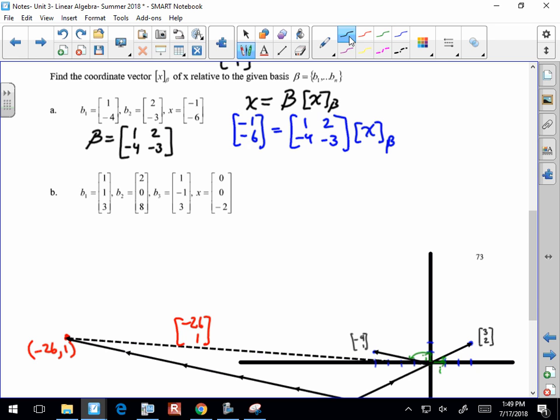So in order to do that, there's no matrix division, but there is multiplying both sides by an inverse. Or you could set up an augmented matrix and row reduce if you want, but I know most people are kind of row reduced out. So what you could do, and I think on the next page I ask you specifically to use the inverse approach, but most people kind of default to that anyway.